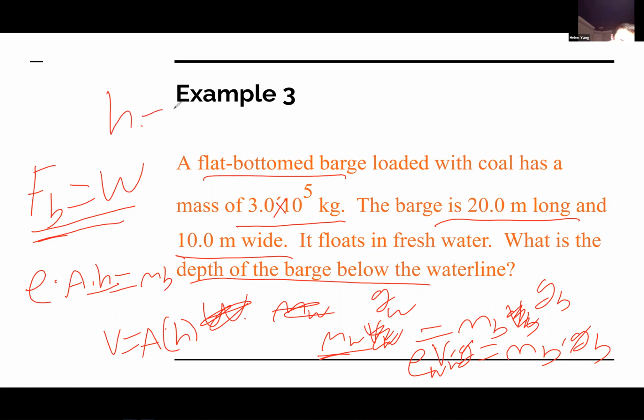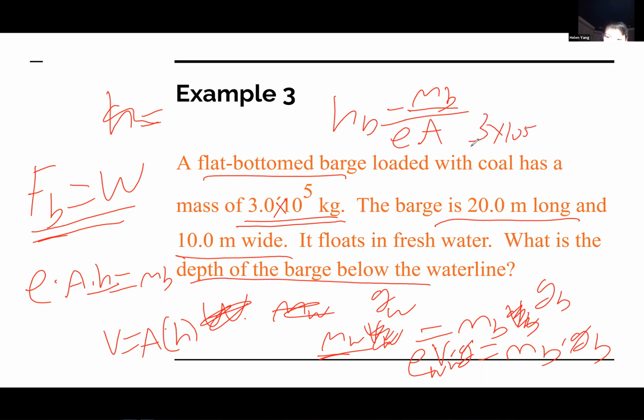The height is equal to the mass divided by the density times the area. The mass of the barge is 3 times 10 to the power 5, the density of water is 1000, and the area is 20 times 10, which is 200 meters squared. If you do that math, you get 1.5 meters.